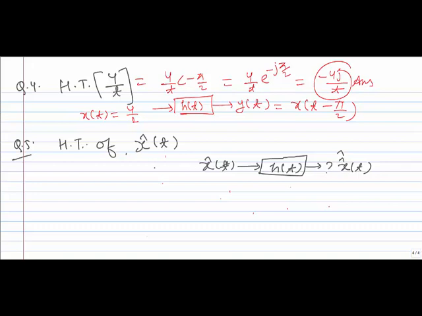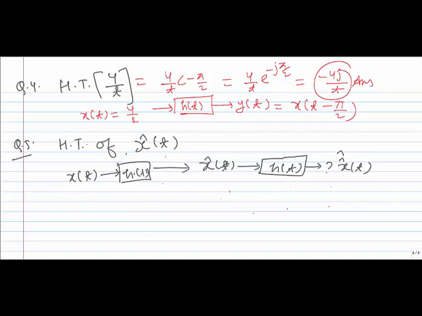And where does this x hat(t) come from? It must be the Hilbert transform of x(t). So it means, what happens when we do 2 times Hilbert transform, that's what we want to see. So let us see that.